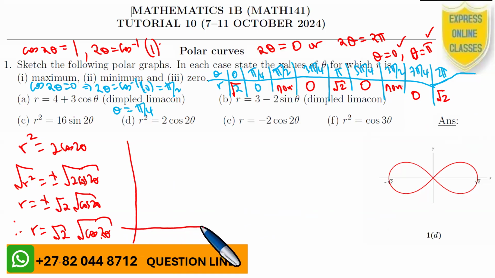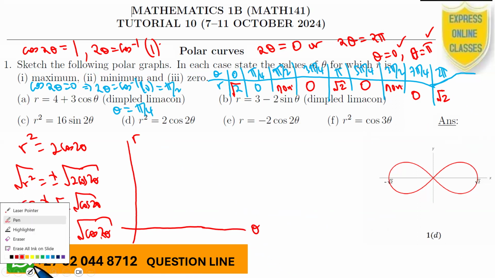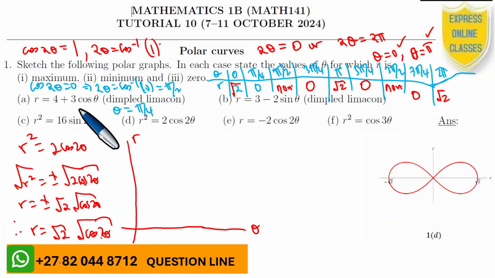So now you're going to do this graph. But first we do the r theta, and then we do the polar curve. You can see that here we have interesting things that are happening at 0. So this is 0.